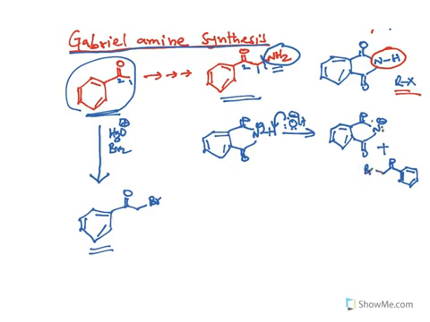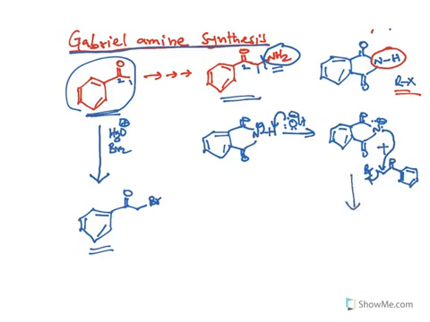So once we have the amide, it is going to attack the alpha carbon, and it kicks out the bromine in an SN2 format.